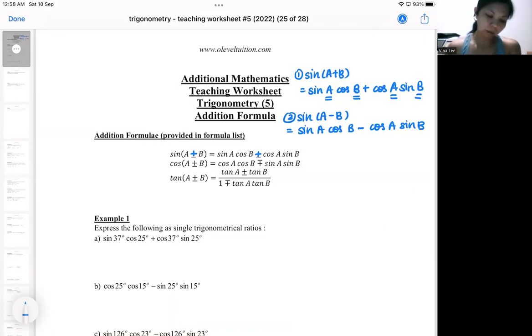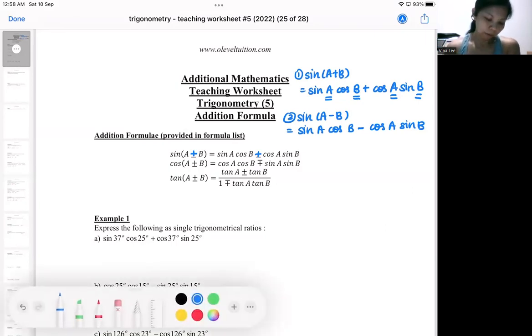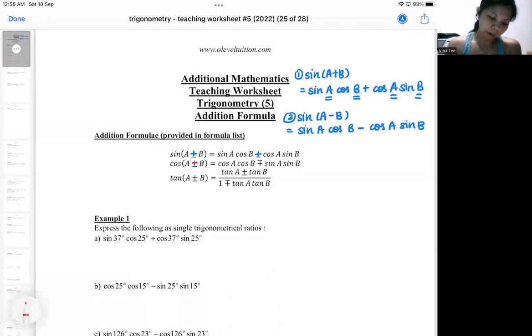Basically, sine follows the same sign, plus and plus. Cosine is the one that doesn't follow. If this is a plus, it will be followed by a subtraction. So cosine A plus B will be equal to cos cos minus sine sine.